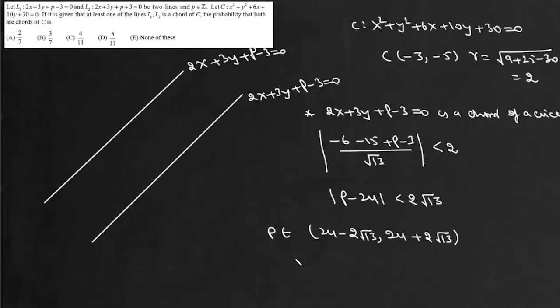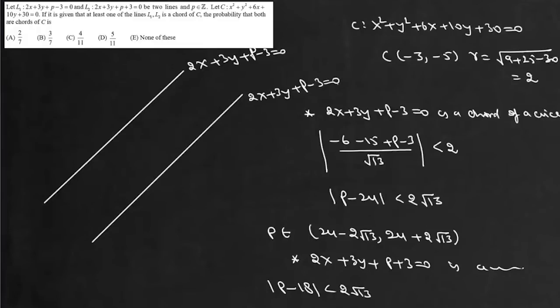So the second condition is if the line 2x plus 3y plus p plus 3 equals 0 is a chord of this circle, then we'll get mod of p minus 18 less than 2 root 13.